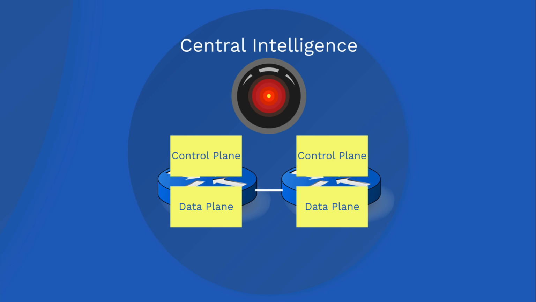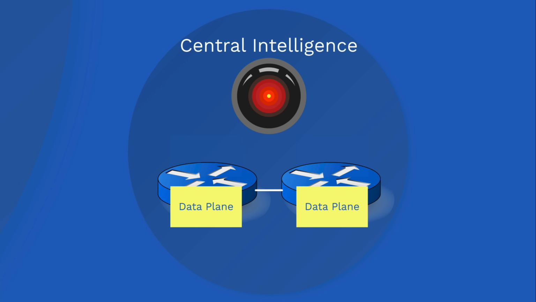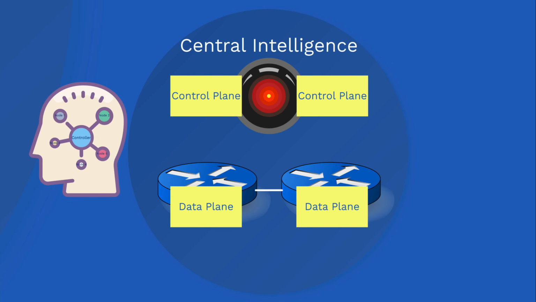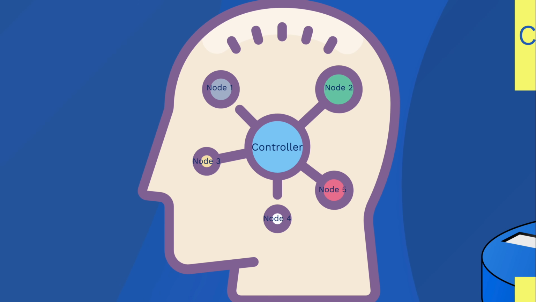Now let's talk a little bit more at a deeper level about the central intelligence concept. As I mentioned earlier, on traditional network devices, we have the data plane and control plane located on the same device. But with central intelligence, what we do is we take the control plane and we put it on the controller. And what that means is the controller becomes the brains of the solution.